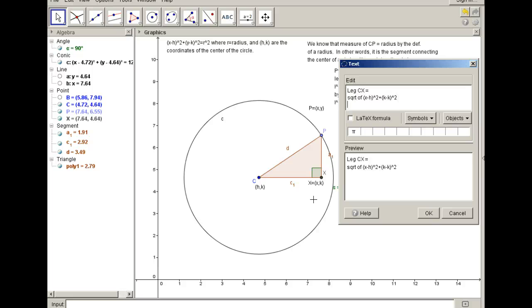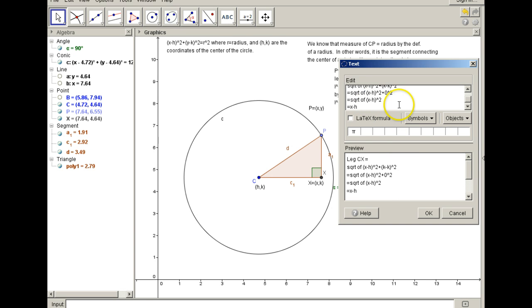So that is the square root of x minus h squared, plus 0 squared, because k minus k is 0, right? Which is equal to the square root of x minus h squared, because 0 squared is 0. If we take the square root of a square, we're only going to take the positive value, so that's x minus h, which makes a lot of sense.